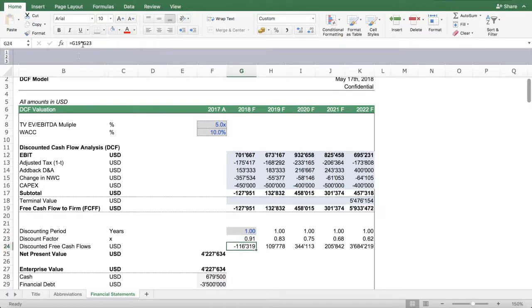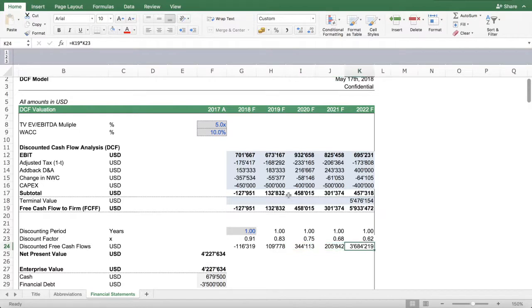We multiply the free cash flows for this year. In the next years, we basically keep doing the same. We take the previous factor, we divide again by 1 plus 10%, so this factor gets smaller and smaller. Then we multiply each year's free cash flow to firm with this factor, and we get the discounted free cash flows.